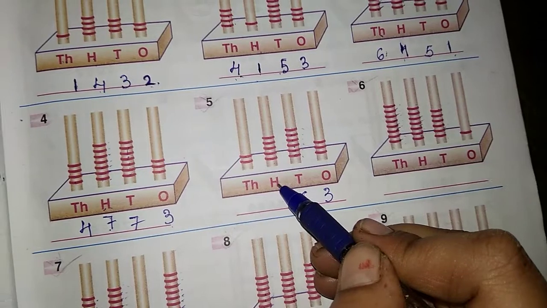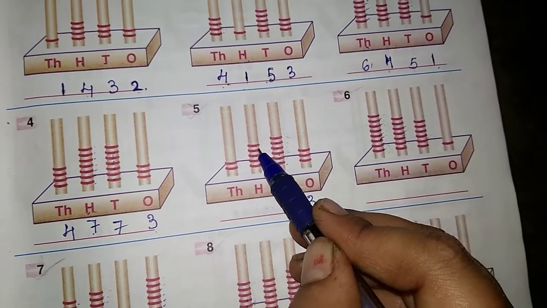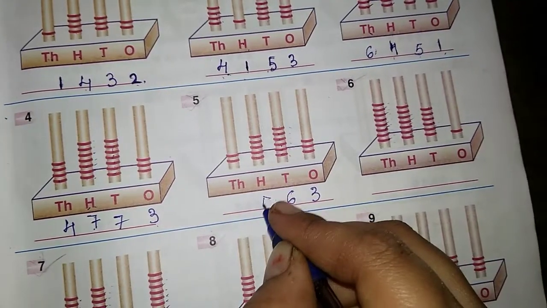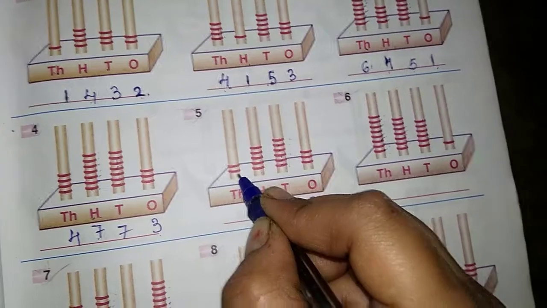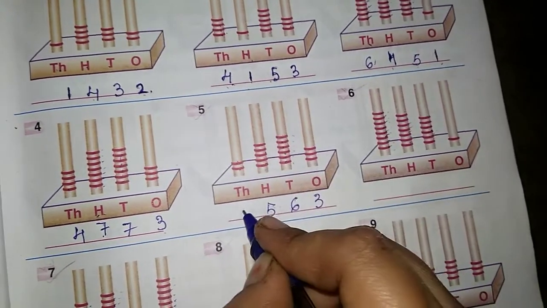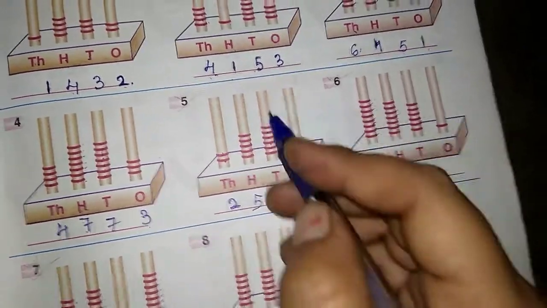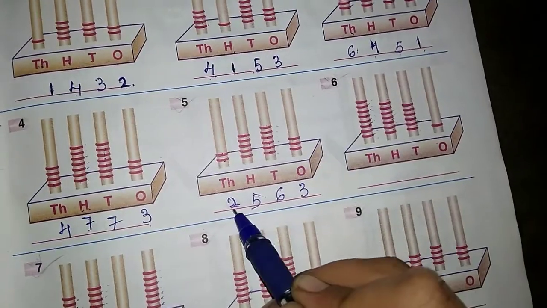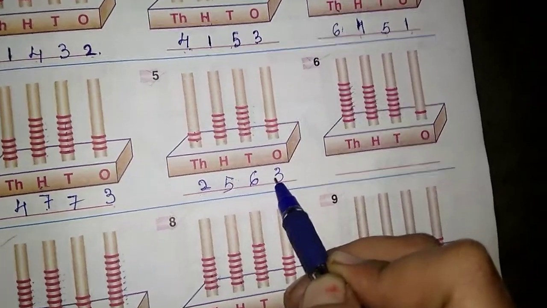In a 100 spike, how many rings are there children? 1, 2, 3, 4, 5. 5. And 1000 spike, how many rings are there, children? 1, 2. 2. Now you have to read. The abacus now represented the number 2563.